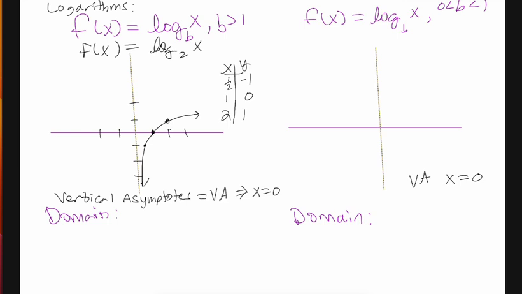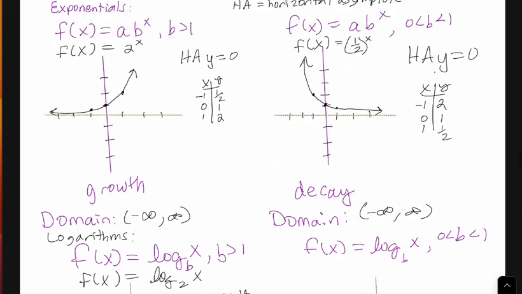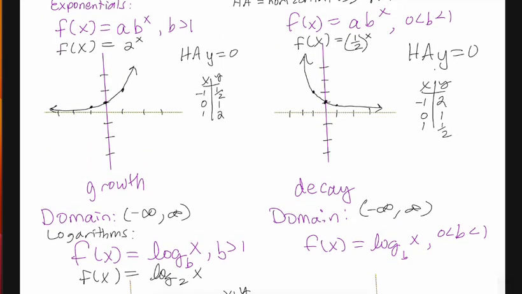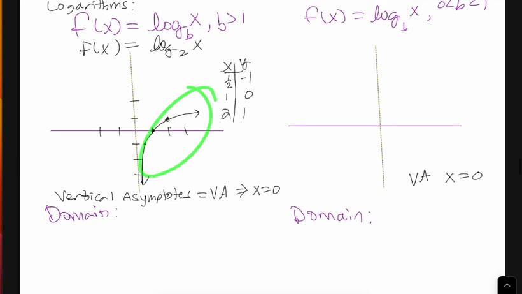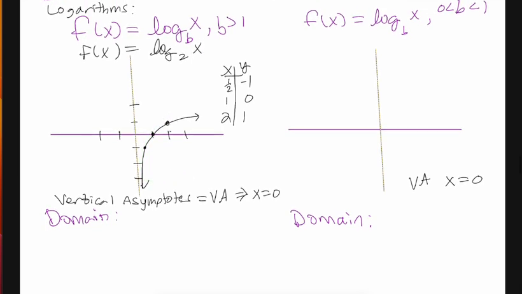So that is what a logarithmic graph looks like. And think about if you did a little flip of this one, you do get this one. They are completely related. What has happened is the x's and y's have flipped positions.